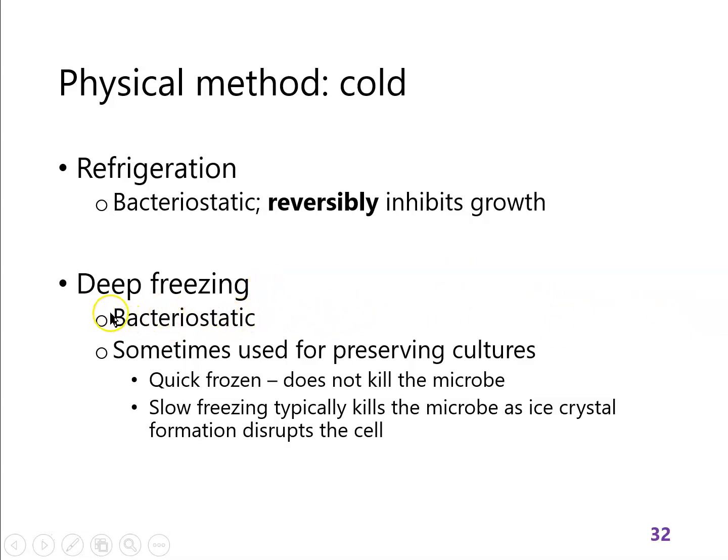We use them to store microorganisms in a bacteriostatic way. So we store them and we get them back out again when we want to use them. So you'd never use this as a sterilization tool. It's more like you would store microorganisms in a deep freeze if you wanted to use them later, or you'd store food in a refrigerator if you didn't want microorganisms to grow.